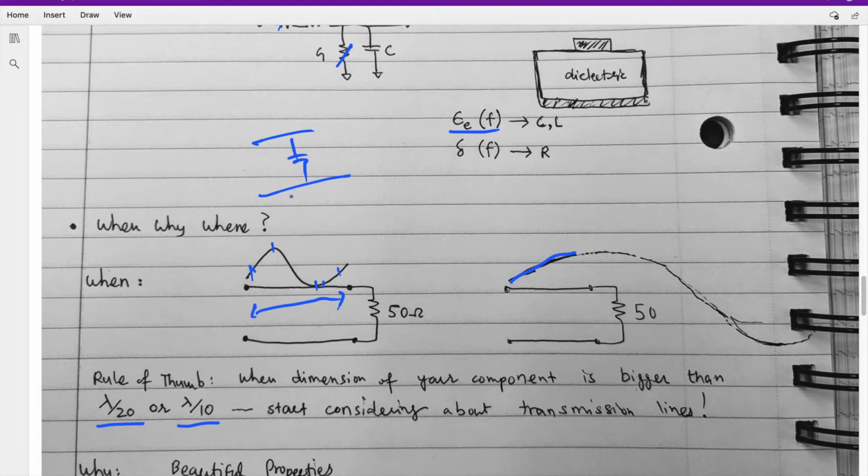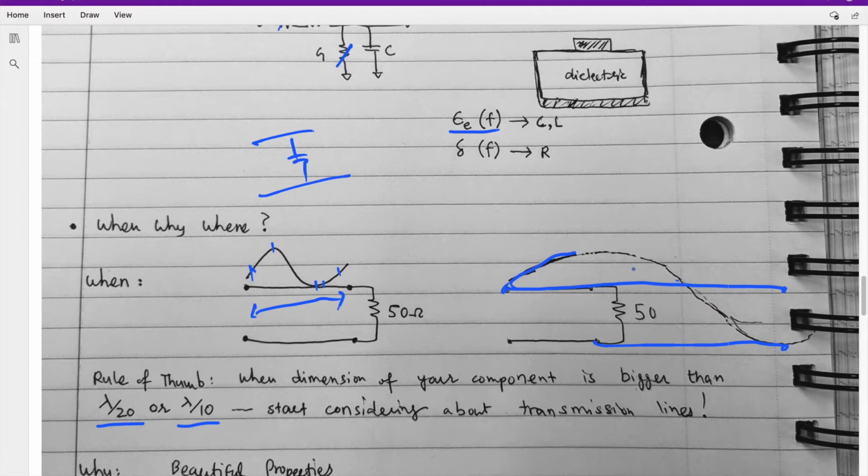And that means the transmission line concept does not exist at lower frequency. This is not true. At lower frequency we have very few examples of wires that are long enough to cover the entire wave. For example, if this line was this much long and covered your entire wavelength, then even at the lower frequency of 1 kilohertz which I mentioned, it will behave as a transmission line, right?